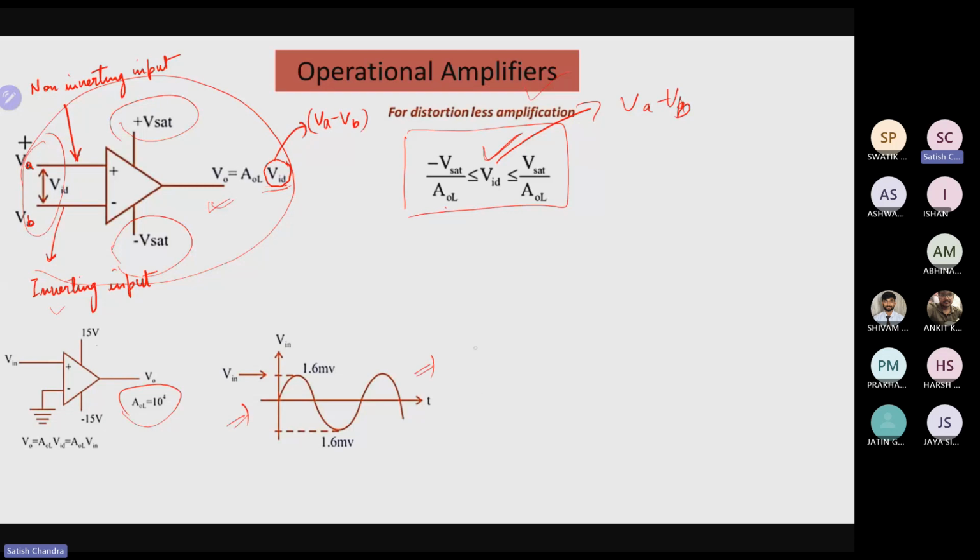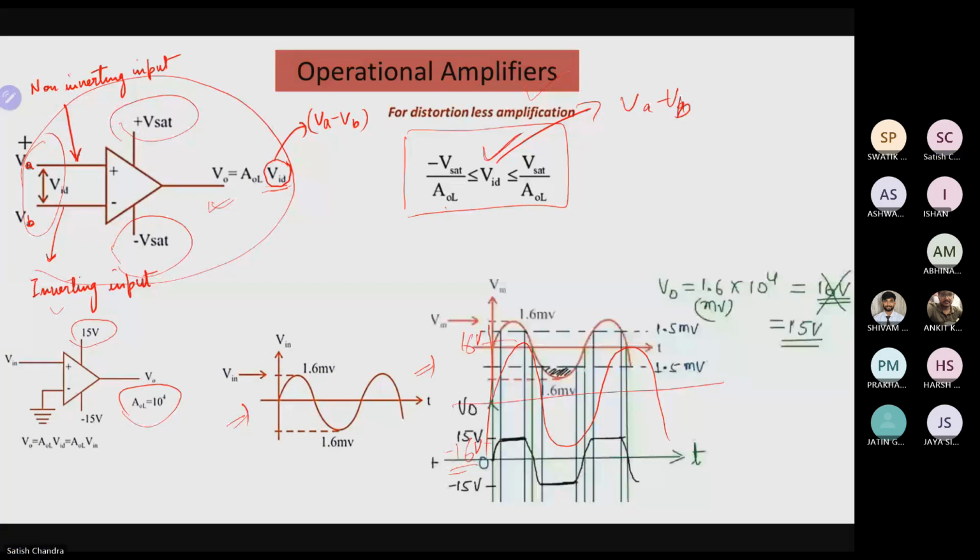It should come in between this should be 16 volts and this should be minus 16 volts. But it is saying this should be in between plus minus 15 volts. So that is what I have mentioned here.